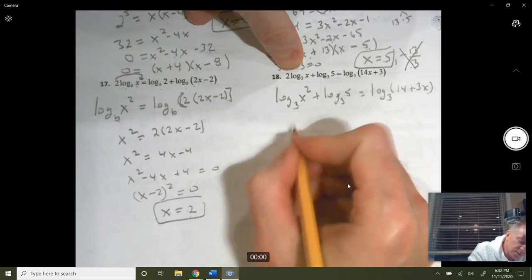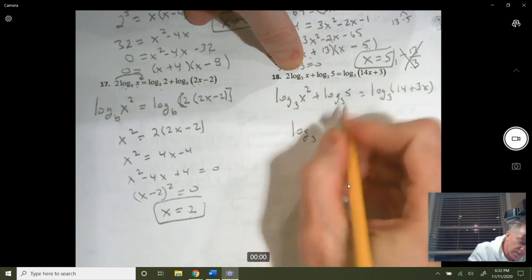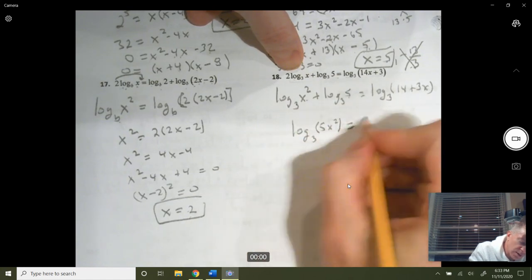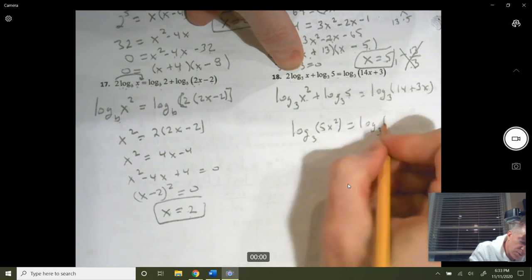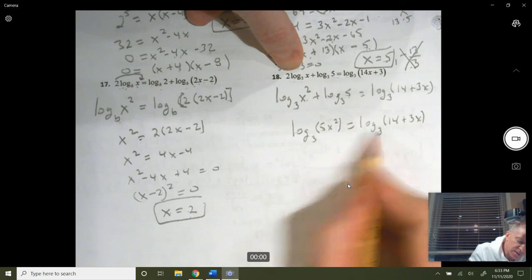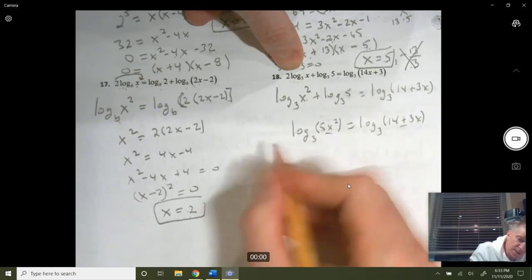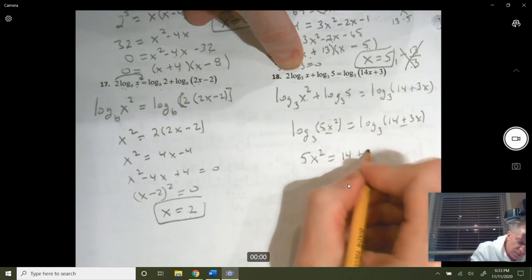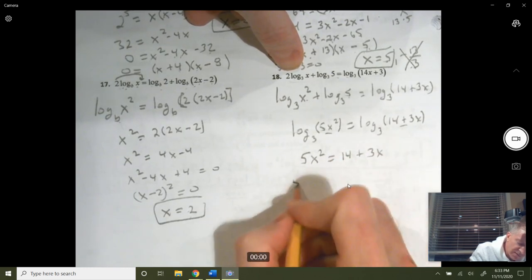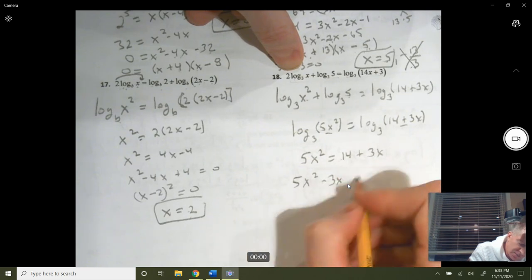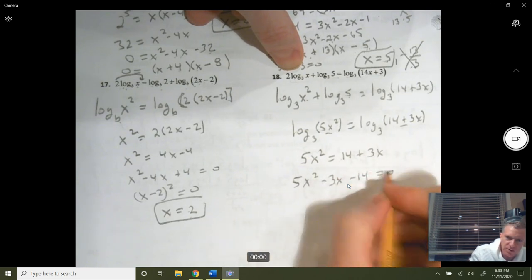Combine these into a single log, log base 3 of 5x squared equals log base 3 of 14 plus 3x. Single log, the bases are the same, so we can set the arguments equal. 5x squared equals 14 plus 3x. So we've got 5x squared minus 3x minus 14 equal to 0.